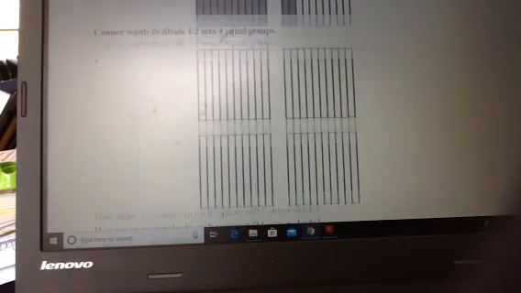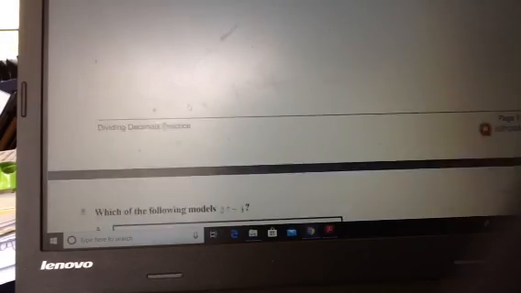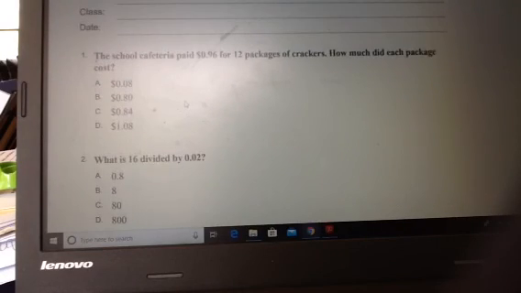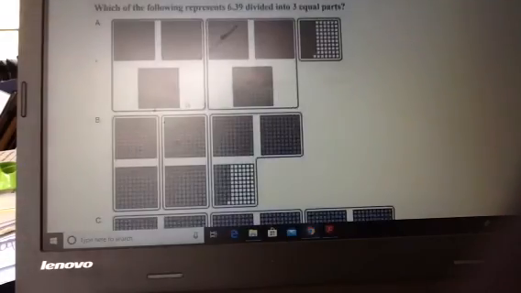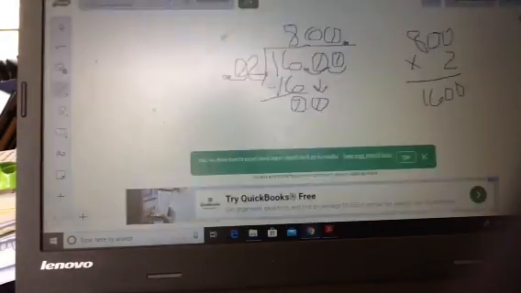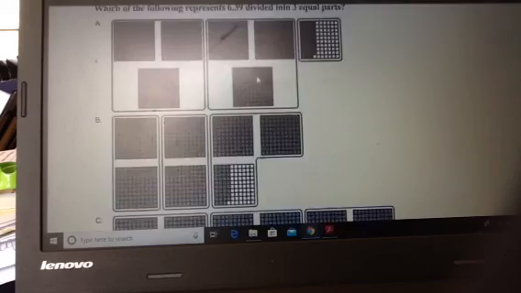Okay, and I will wait to hear back from you, because I don't want to keep modeling them all for you when you may not need me to do that. So I modeled the first 2, and then you can always come back and, like I said, ask me to model any of the others, and I will do that for you, just like I did here with my board, and I will repost a video of the other questions modeled for those that wanted to be modeled.